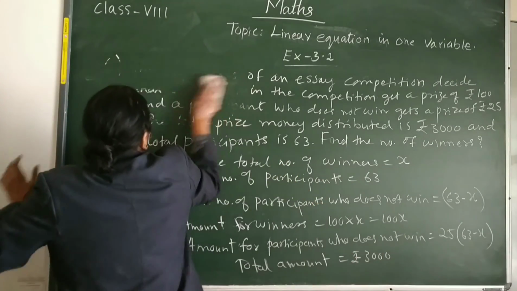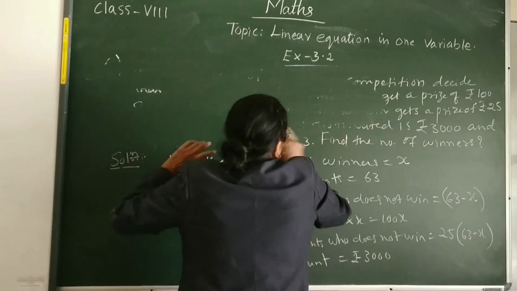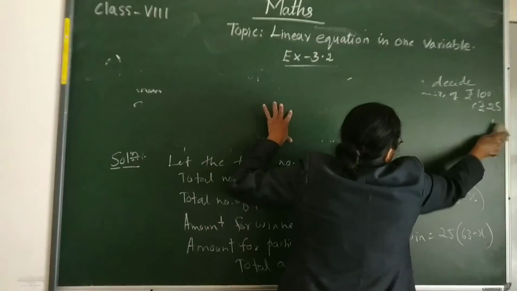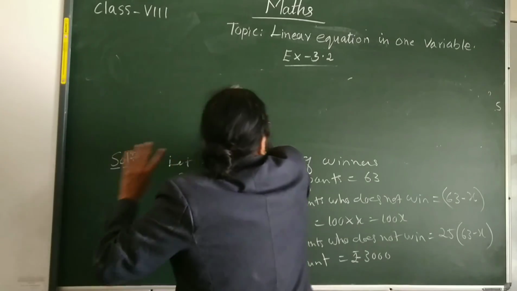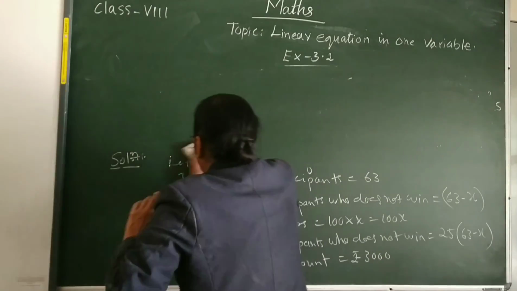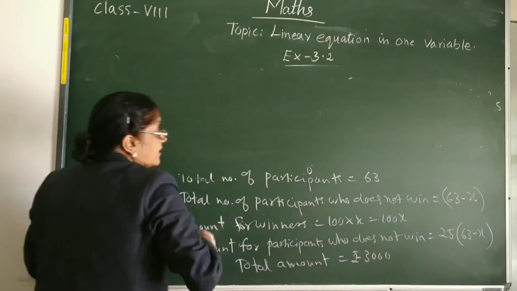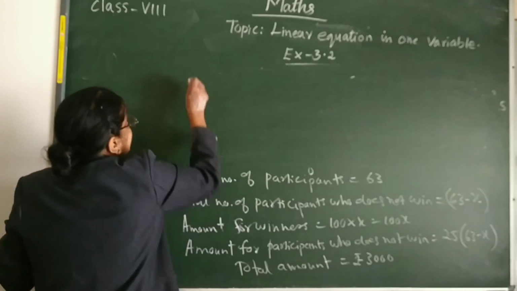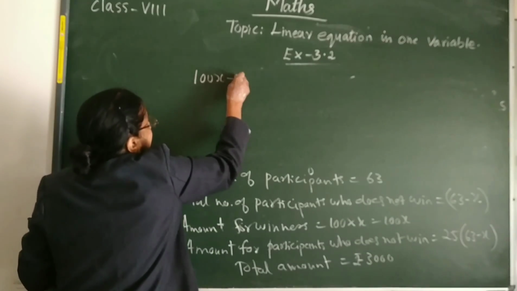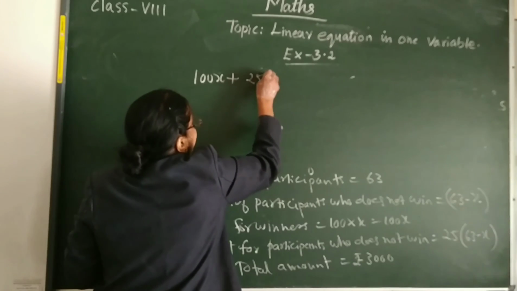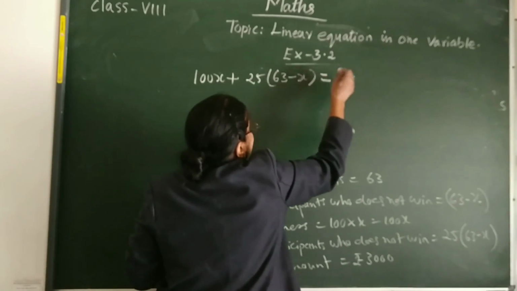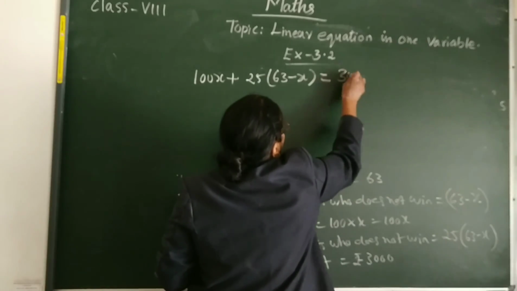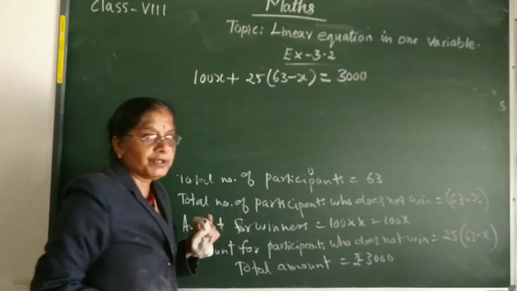So what will be our equation now? We add the winners' amount with the amount of participants who do not win, and we get the total amount. So the equation is 100x plus 25 into 63 minus x is equal to 3000.